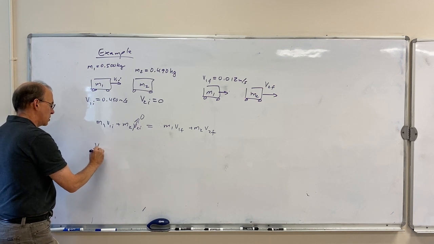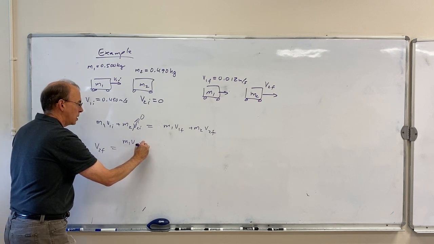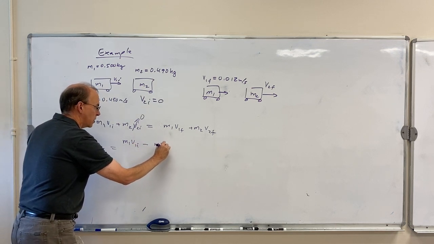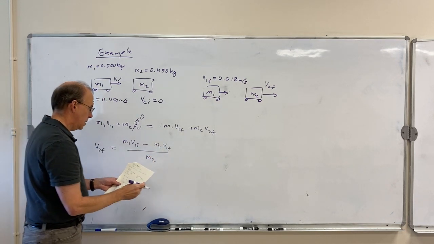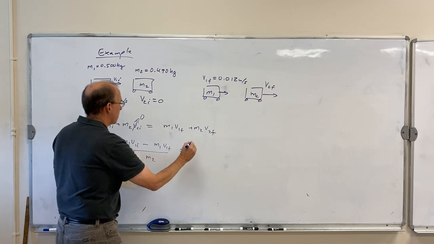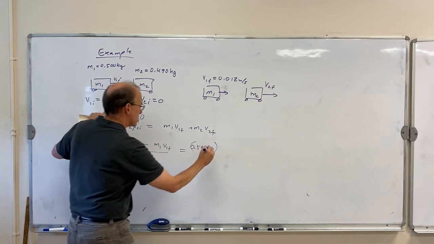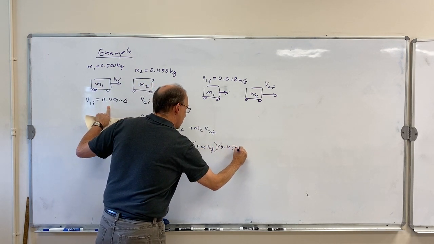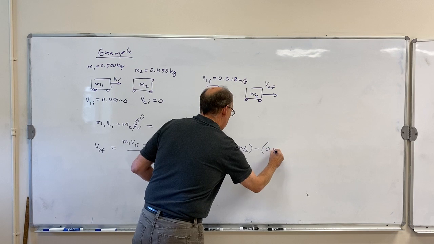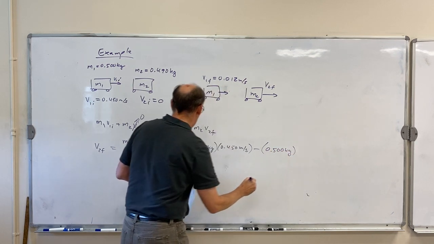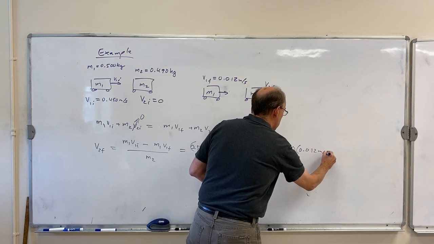So algebraically, V2 final is M1 V1 initial minus M1 V1 final, over M2. M1 was 0.5 kilograms. V1 initial was 0.450 meters per second, minus M1, still 0.5 kilograms, times V1 final, which was this little number, 0.012 meters per second.